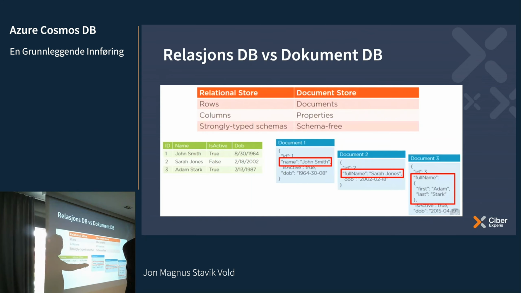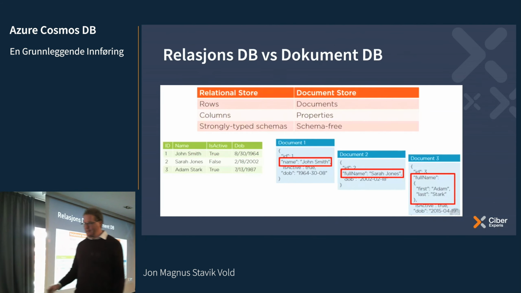So here you see 3 examples of documents where here is the name, a property, and on document 2 you have full name as a property. So you can change the schema for every document as suits you.